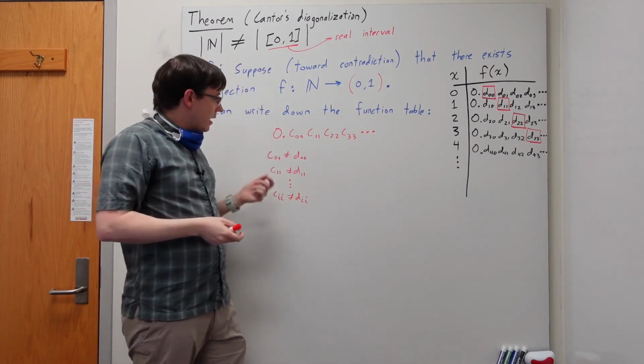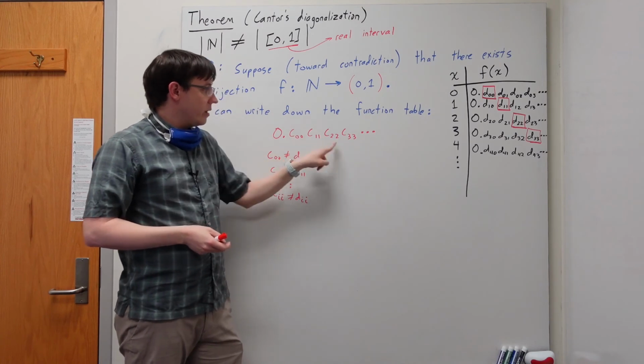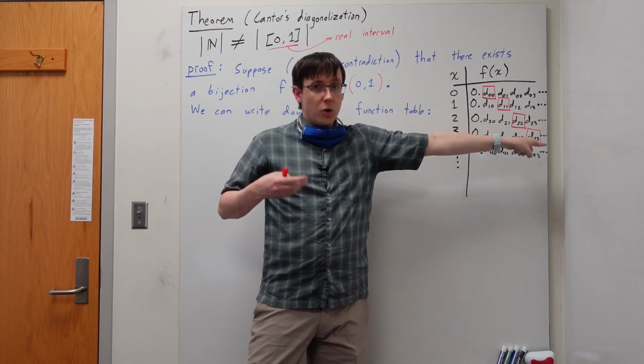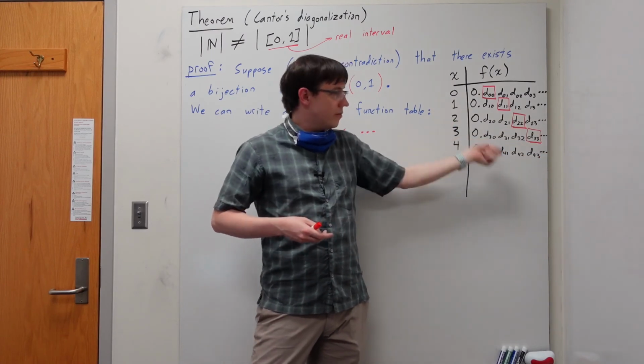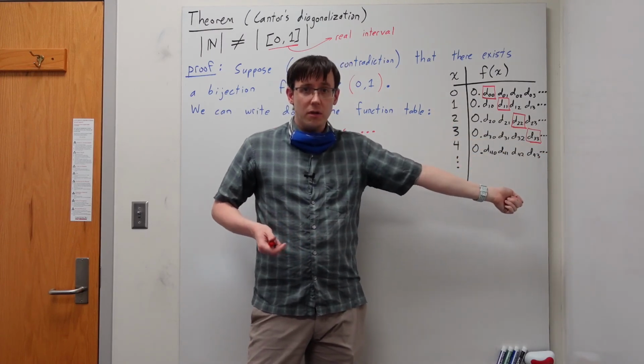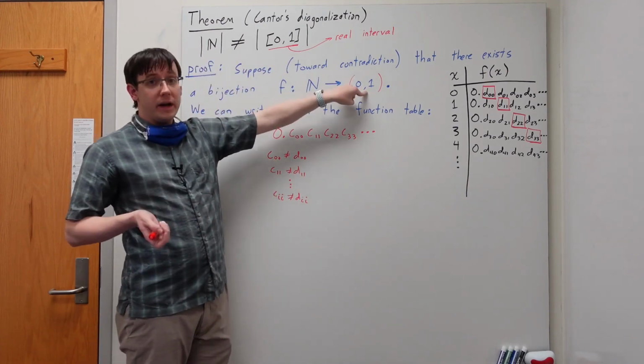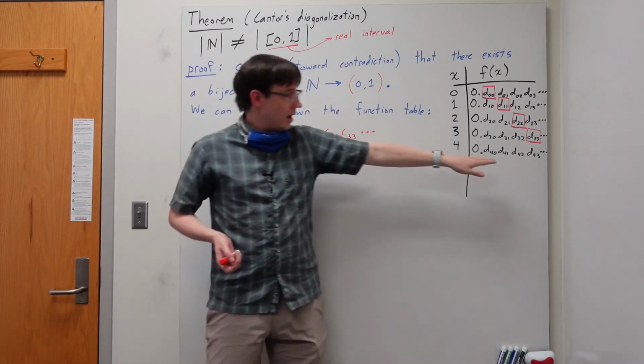But as long as I pick some entry for each digit that differs from the corresponding digit of each entry in the table, I have chosen a number that is in the 0-1 interval that is not the output of the function.